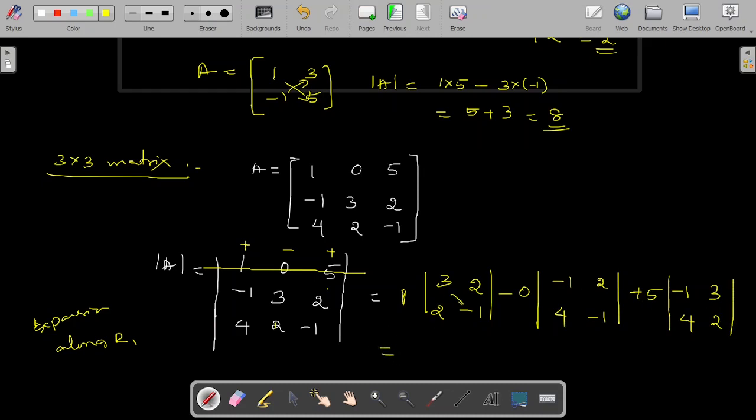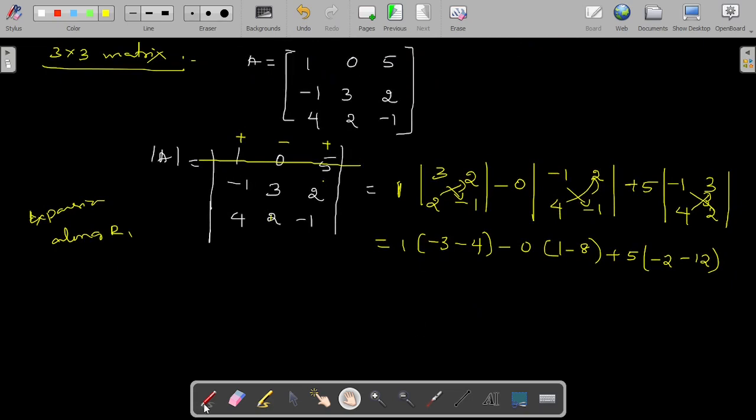Now expand this. 1 into minus 3 minus 4, same as a 2 by 2 determinant, minus 0 into, even if you find out it is 0 only, then plus 5 into, this is minus 1 into 2 minus 12. 4 into 3 is 12, here minus 2.